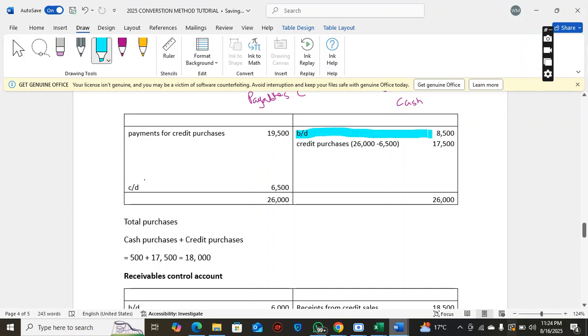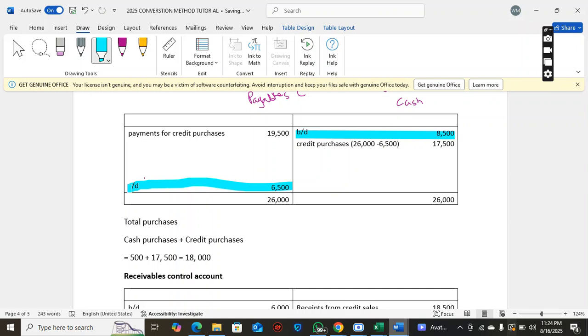Balance brought down 8,500. Balance carried down 6,500. Since the payables control account is a liability account, the balance brought down will be on the credit side.